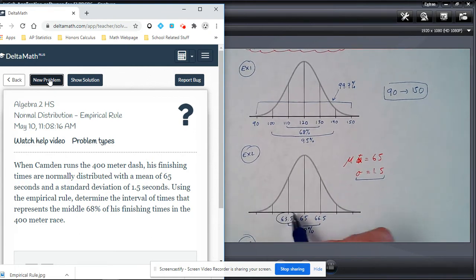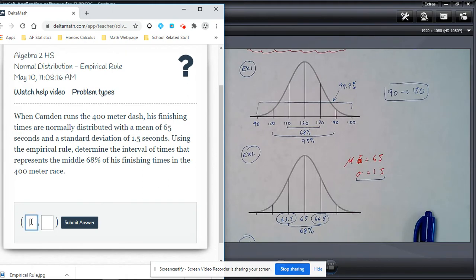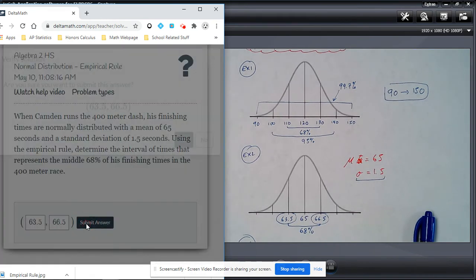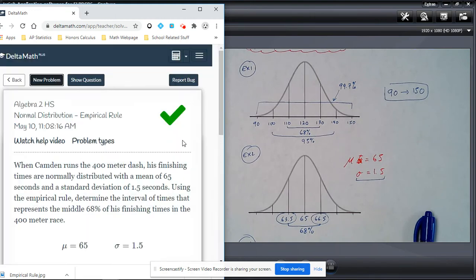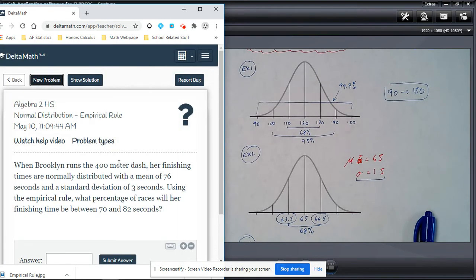So we're looking for a range between 63.5 and 66.5 seconds. So let's go ahead and plug that in. So we have 63.5 and 66.5. There we go. Correct.